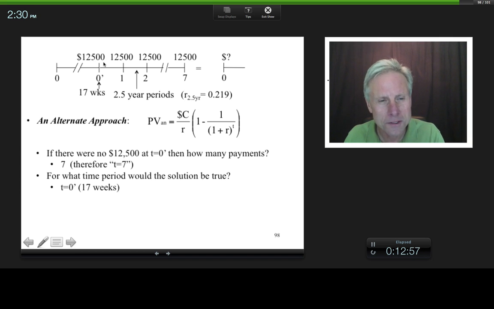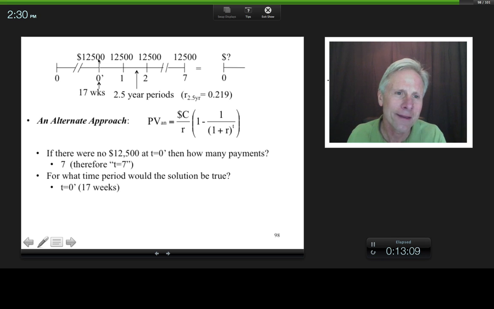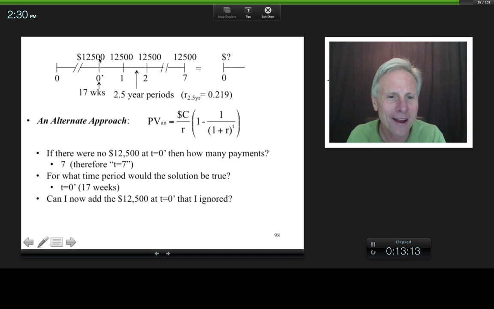So if I wanted to, could I put a 7 in right here and basically get all of these and crush them into one single number at one single time period, which would be at 0 prime, and then go, well, hang on, I actually do have this 12,500. Can I now add that? Would I be adding 2 sets of dollars at the same time period? I would, right?